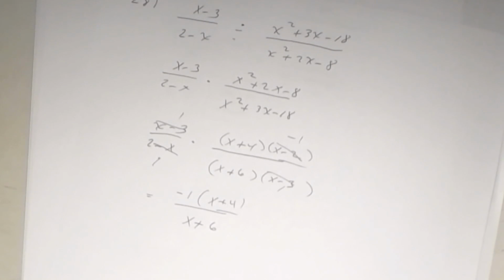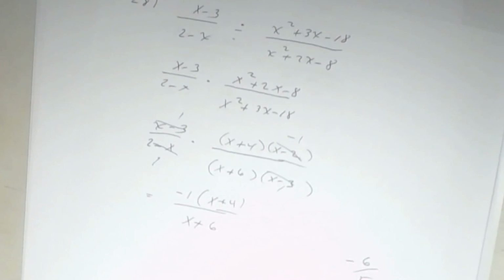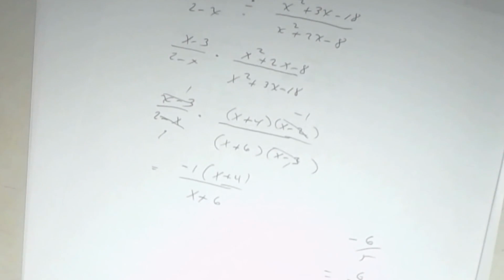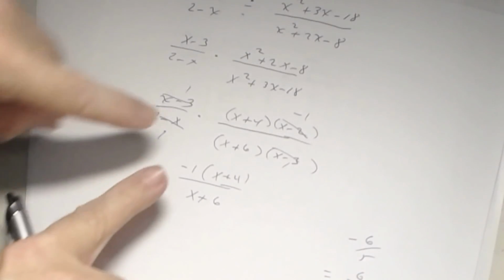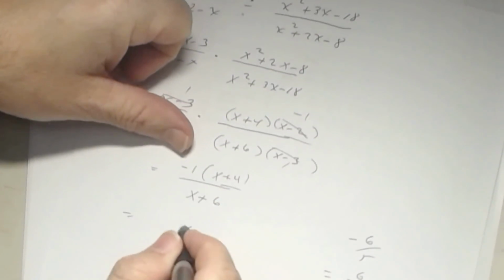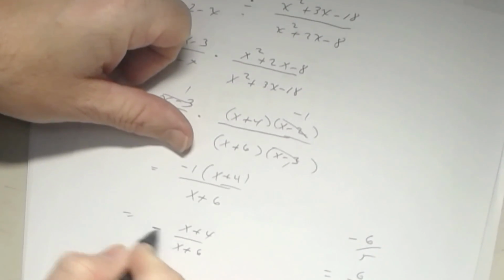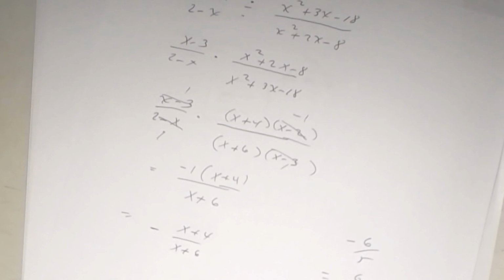But remember last class period and the period before that, we talked about -6/5 being the same as 6 divided by -5, or we can write it as -6/5, where that negative's out in front. The way my math lab is probably going to have the answer written is x plus 4 divided by x plus 6 with what in front of this fraction? A negative.